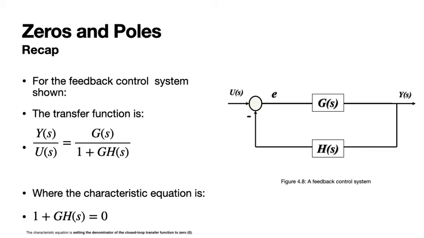whereby the characteristic equation is obtained by setting the denominator of the closed loop transfer function to 0. If you have this transfer function Y(s) over U(s), it will be the numerator over denominator. For the characteristic equation, we are interested in the denominator part.